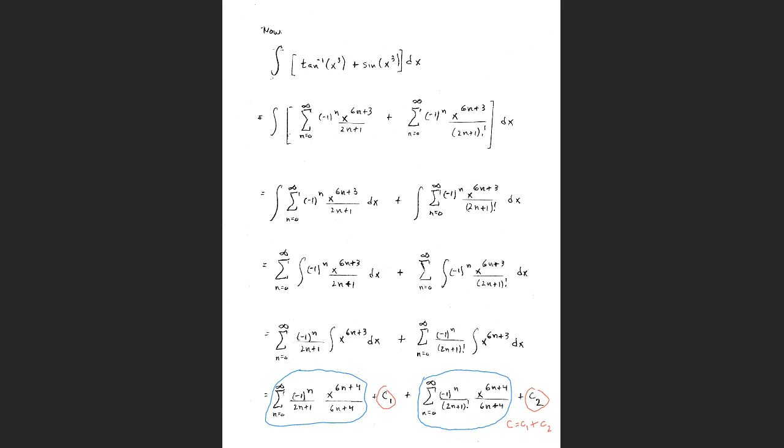Can you factor out the x terms? Well, before we do that, your intuition's good, Maria. We do want to factor out, like we see that both of those power series have in common x to the 6n plus 4 divided by 6n plus 4.